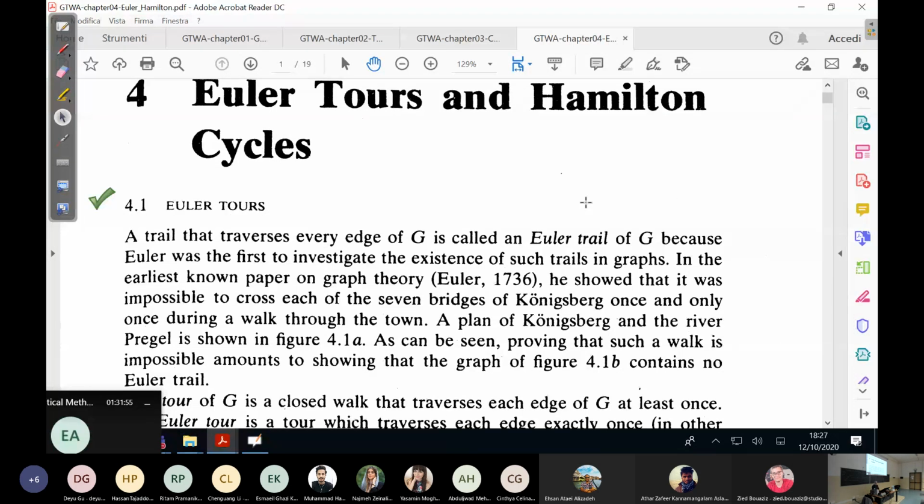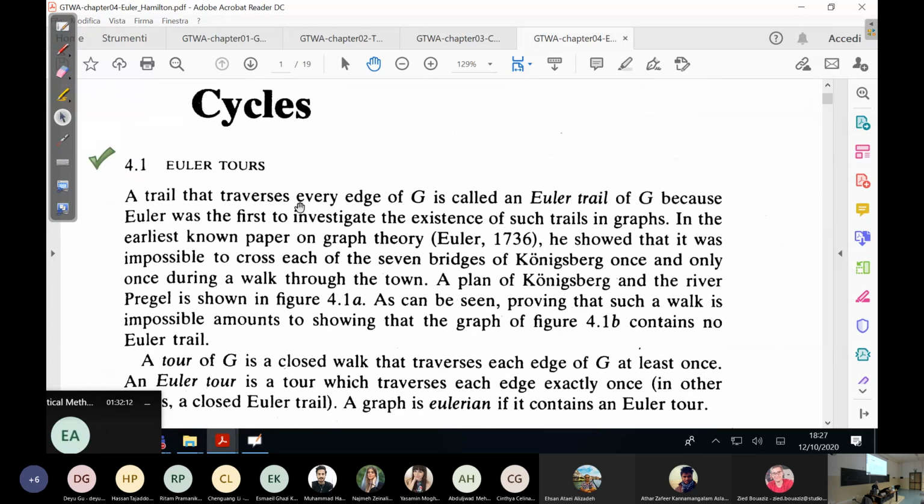The game was a flop, didn't sell much, it was too easy. But it gave rise to a whole branch of graph theory. So let's see first Euler tours.